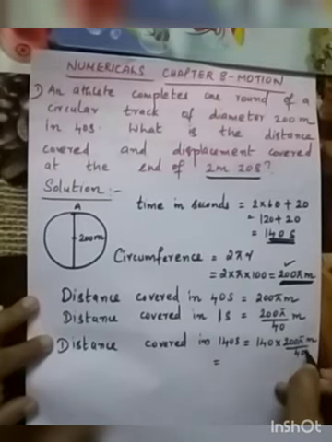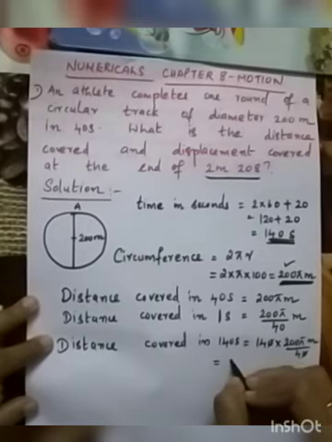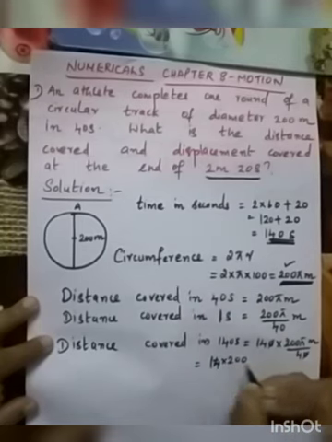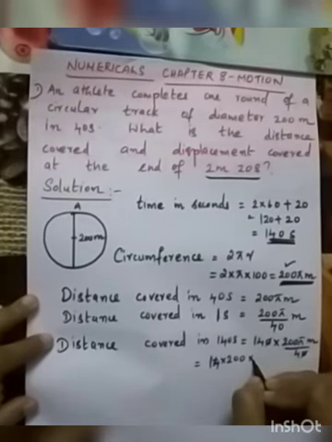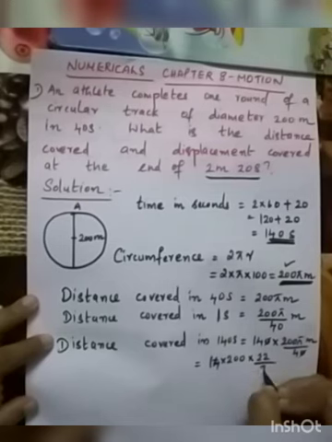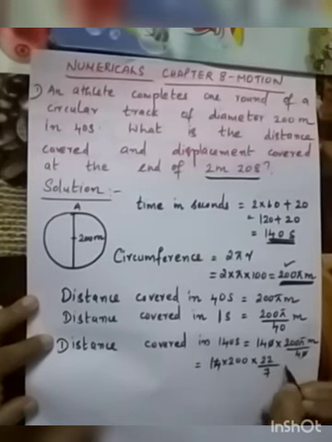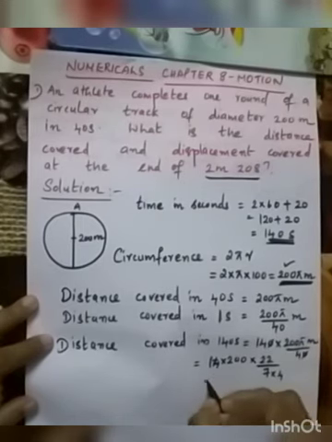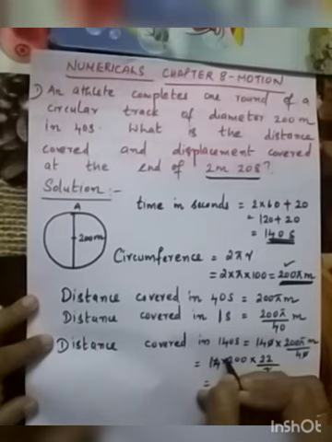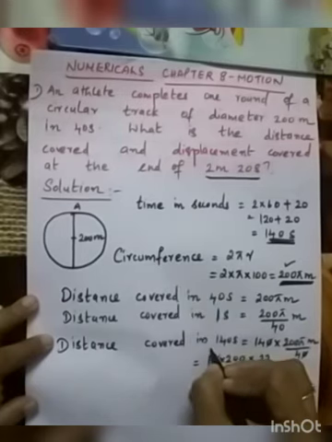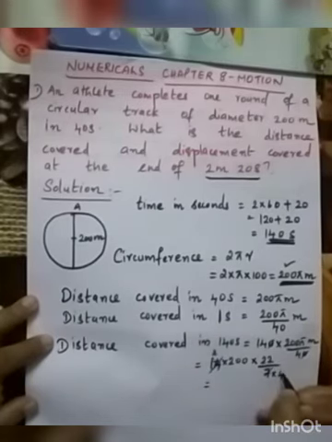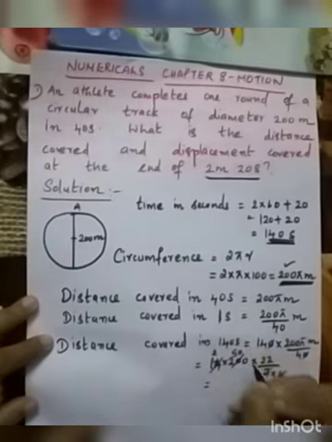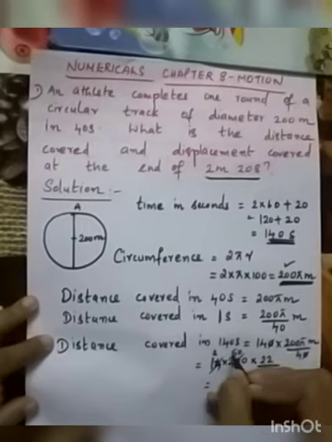That is equal to, 40 cancel. Then 200. Equal to 14 into 200 into, now you can substitute for pi. What is pi? 22 by 7, and also you have 4 in the denominator, so 4. Next, this 7, 14, cancel, 7 2s are 14, and again 4 5s are 20. So 4 into 50 is 200. Now what will you get?